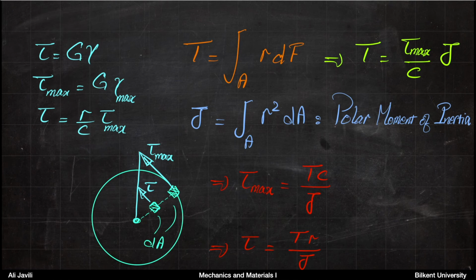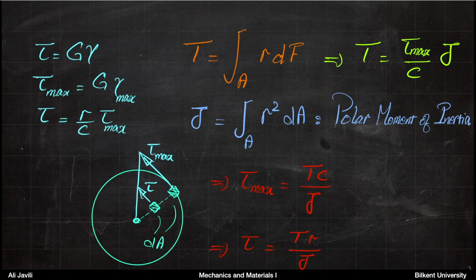And then if we reorder that relationship, now we can express tau max in terms of torque. And also remembering that the shear stress itself is, let's say, a linear distribution, or is linearly proportional to tau max, you can calculate also the shear stress.